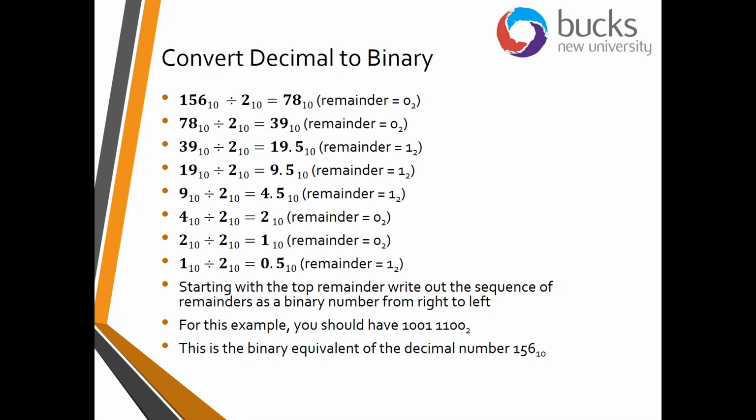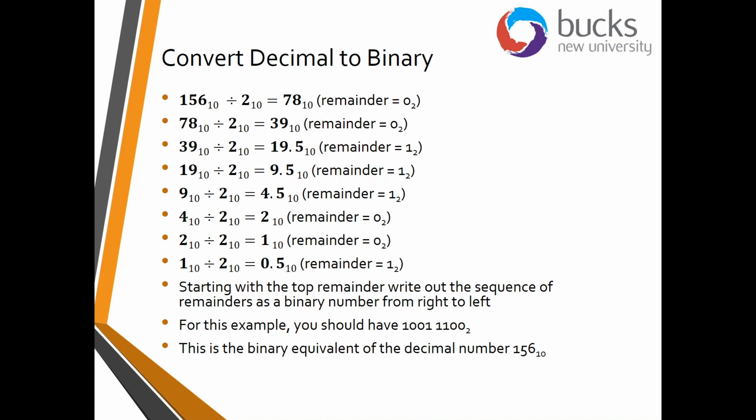So 19 divided by 2, which again would be 9.5, or 9 remainder 1 is how we say it. So 2 9s are 18, we have 1 left over. So remainder 1, which then gives us 9 divided by 2, which would be 4. So 2 4s 8, but we have 1 left over, so it's remainder 1.